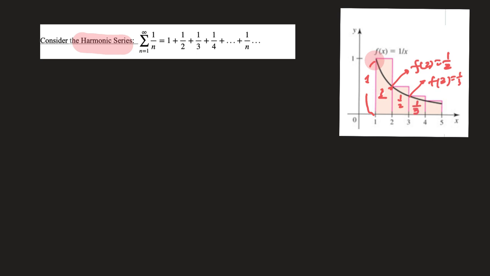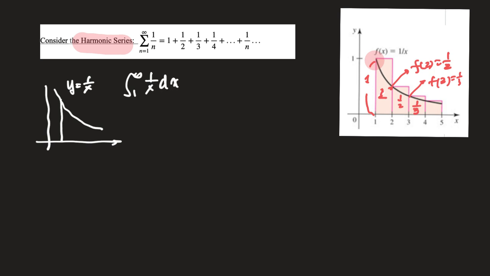But which area is bigger? Compare, I sketched the y equals 1 over x graph right here. The integral from 1 to infinity of 1 over x dx means the area below the curve. Which one is bigger, the area of this shaded region or the sum of all the rectangles? You can clearly see the rectangles are above the curve.